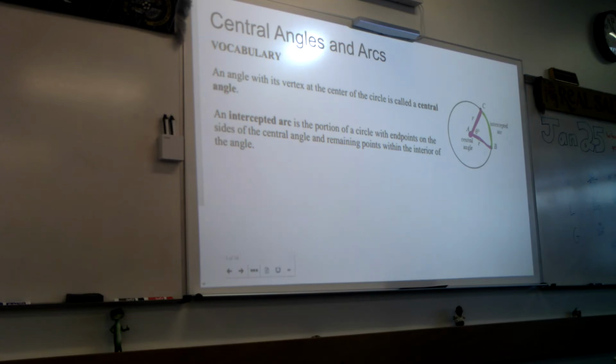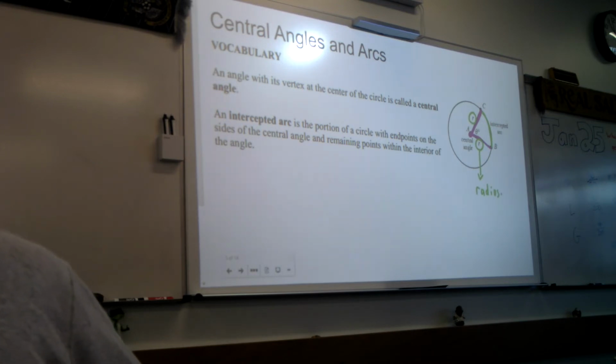Okay? Now, one thing that's important to notice here is that on the angle, both of these sides are described by the letter R. What does the R stand for? Radius. So when I make an angle, the length will be a radius. Now, what I'm going to do, guys, is make what's called a radian.